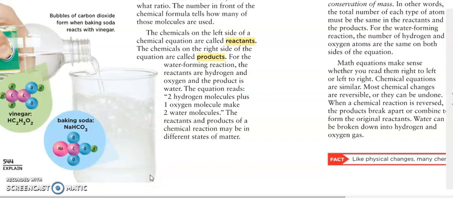So during the chemical reaction, atoms in the baking soda and vinegar link together in a new way. This forms sodium acetate, water, and carbon dioxide. The bubbles formed from the reaction are carbon dioxide. The white solid is sodium acetate.